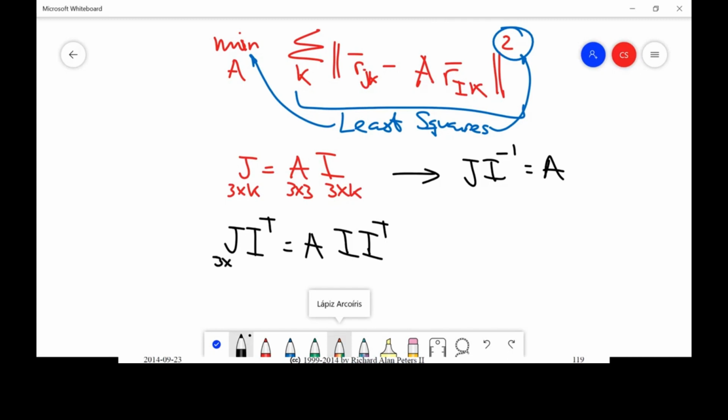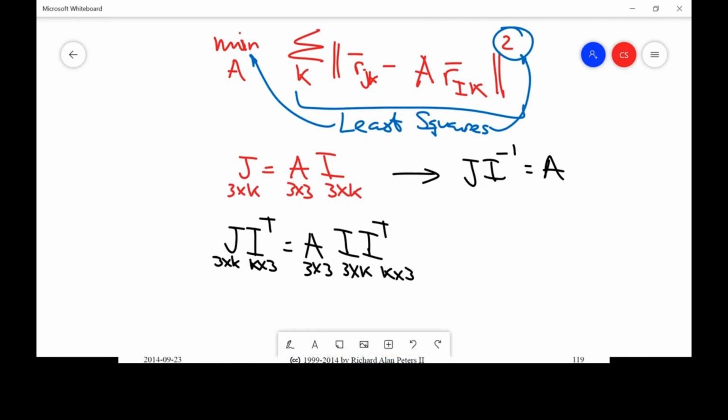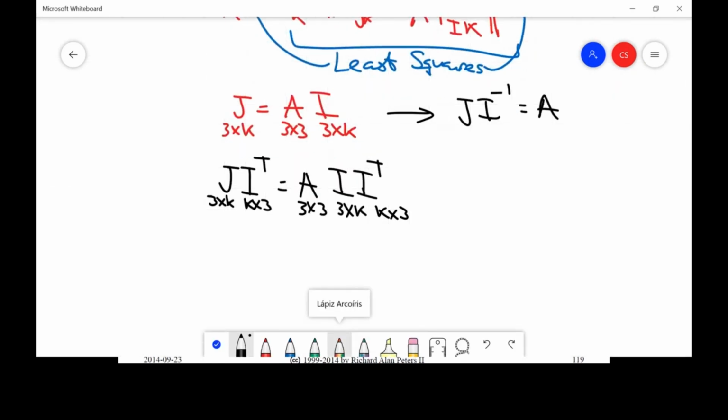This is 3 times K, this is K times 3, this is 3 times 3, and this is 3 times K, K times 3. So now this is 3 times 3, this is 3 times 3, and this is 3 times 3. So now I can multiply on the right by the inverse of this thing.